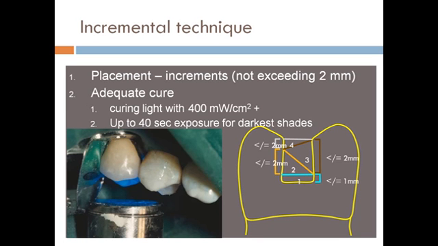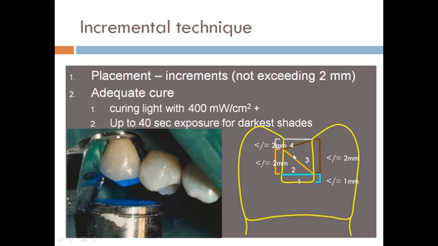So this is why initially we were recommending that you do something that's called an incremental technique. There are 2 reasons why you do that, but the way it relates to the C factor is if you have the first increment that's less than a millimeter thick, you have all those walls that are bonded, and only this surface that's not bonded.